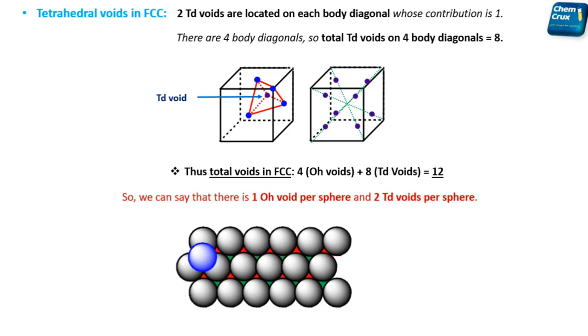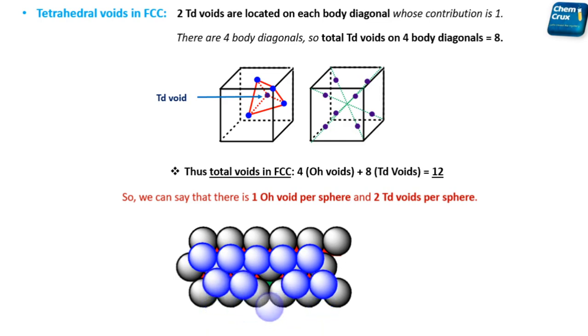So now we can say that the triangular void is covered by a sphere from the top. So a tetrahedral void is formed. So in each case, a tetrahedral void is formed as spheres are covering the triangular voids from the top, right? Now after the formation of the second layer, you can see the red colored voids that were actually present in the first layer. These red colored voids are now the octahedral voids.